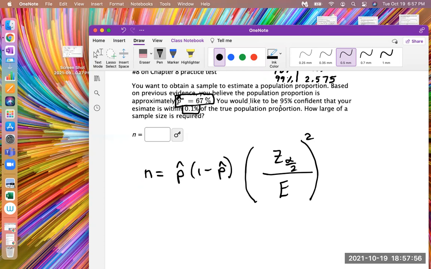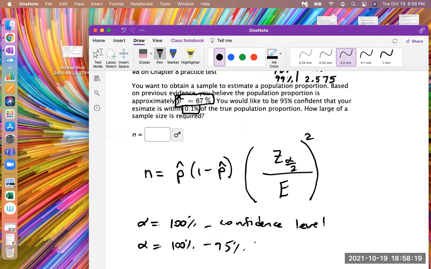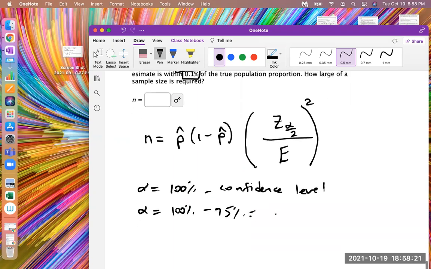If we're 95% confident, what's left over? How much are we not confident? That's alpha, which equals 100% minus the confidence level. So alpha is 100% minus the 95%, which would be 5%.